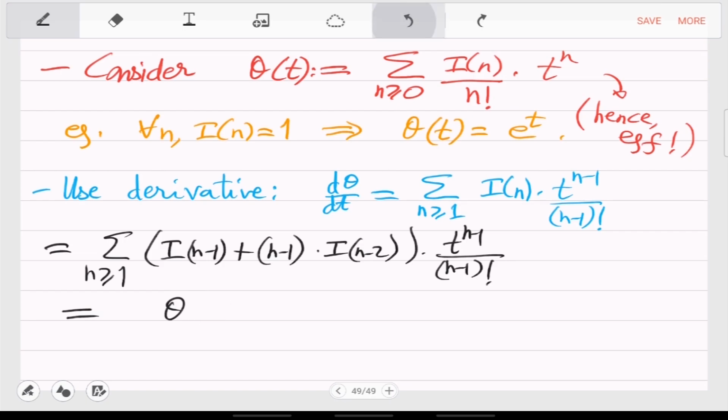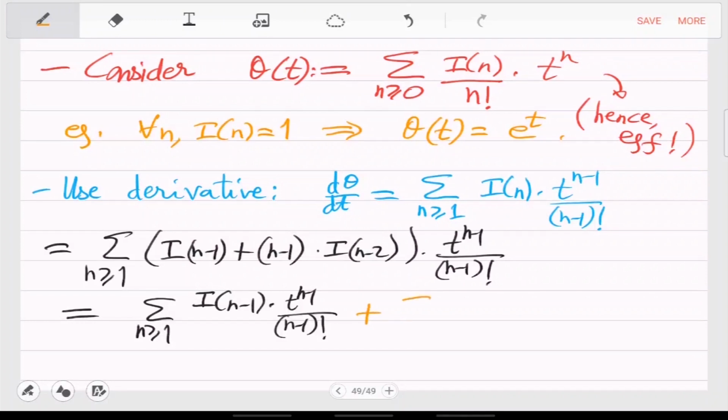or maybe I write. So you get In minus 1 by n minus 1 factorial, this thing, plus, I take t outside, In minus 2 by n minus 2 factorial.